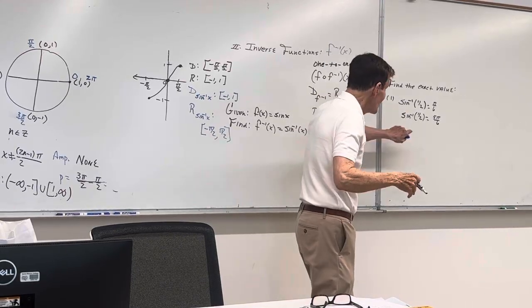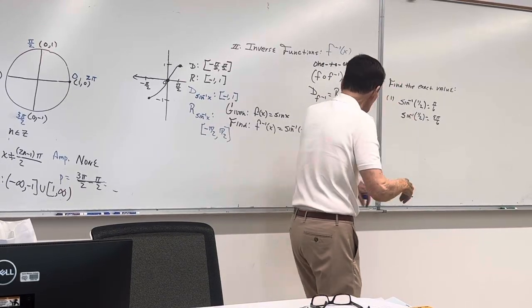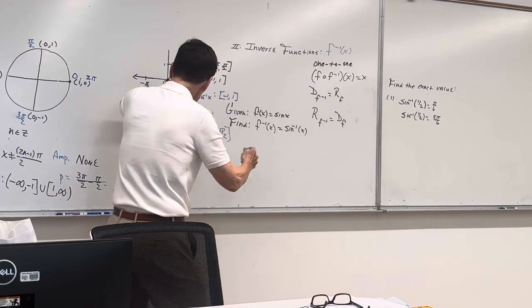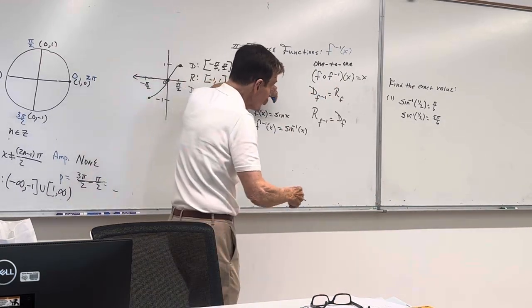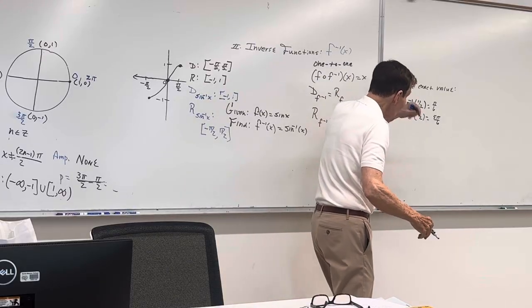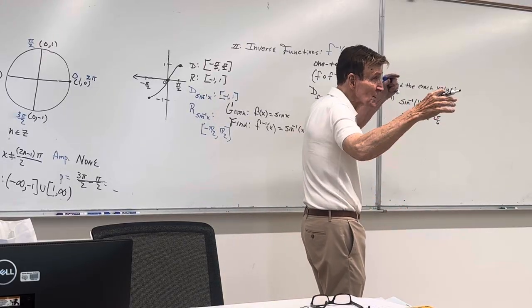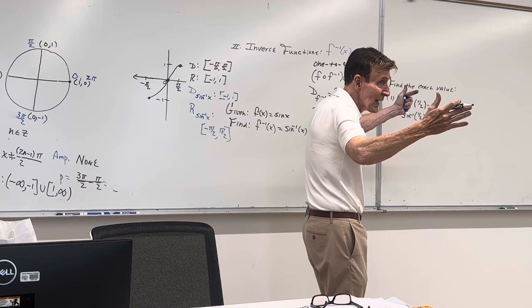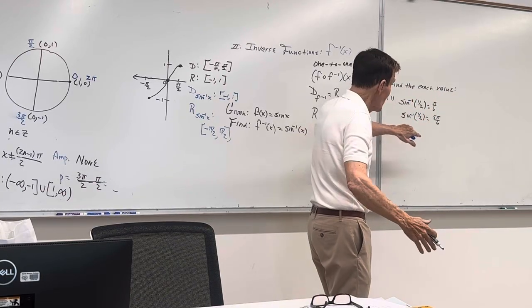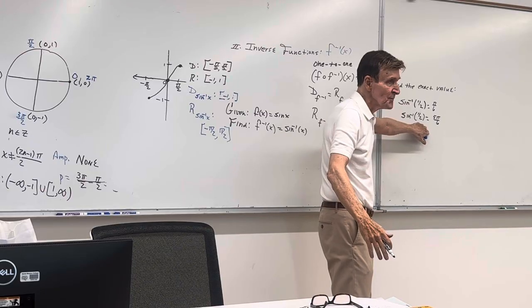Now, 1/2 is good because 1/2 from the domain inside there should be by restriction caught between -1 and +1. Well, that's good. Now, on the side there, if you thought the answer was 5 pi over 6, because on the unit circle it says sine of 5 pi over 6 is 1/2, what's wrong with this? It's like 150 degrees.